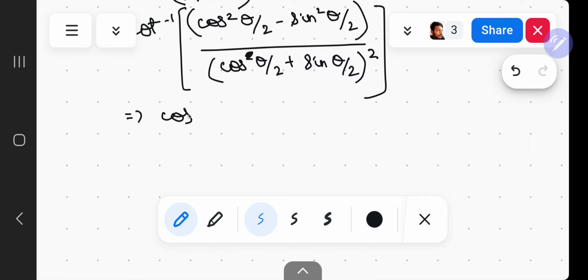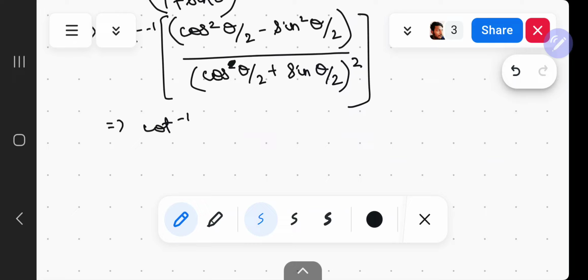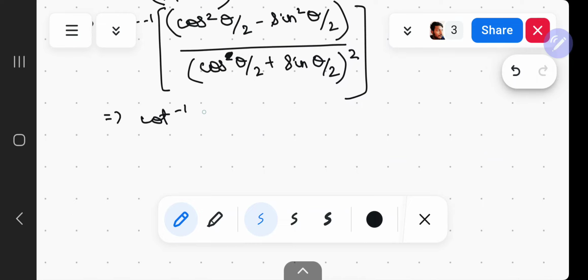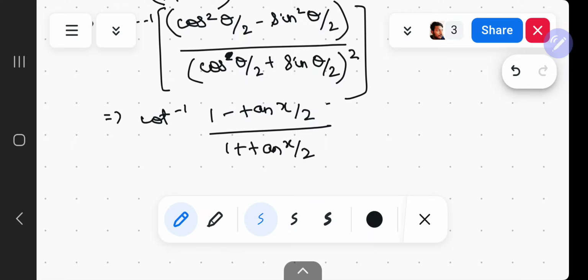So the answer will be cot inverse. We have divided that, and we can write it as (1 minus tan x by 2) over (1 plus tan x by 2).